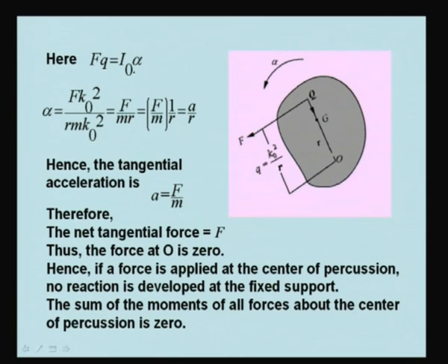Now we have the expression for q, so it is F k0 squared divided by r times m k0 squared, which is equal to F divided by m r, and this is equal to F by m into 1 by r, and that means this becomes equal to A by r.